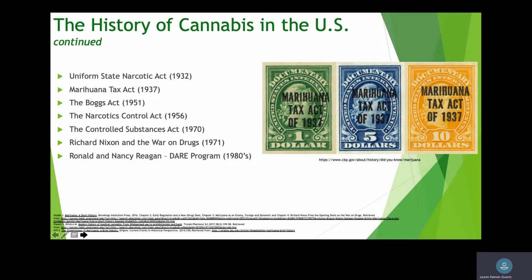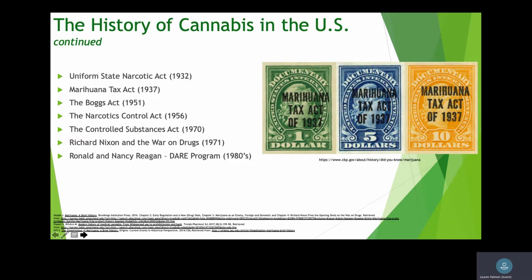This act required anyone who imported, manufactured, produced, and sold cannabis to register with the government and purchase a tax stamp. If someone did not comply, they could be imprisoned. And this is the earliest example of the US government's effort to criminalize behavior involved in cannabis production.